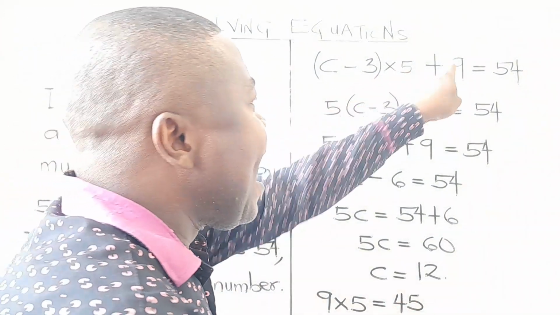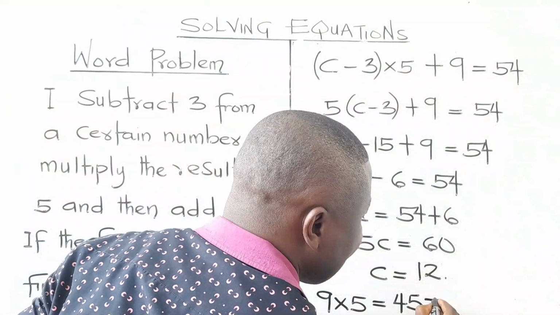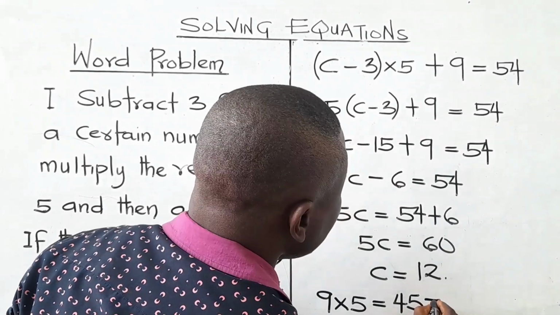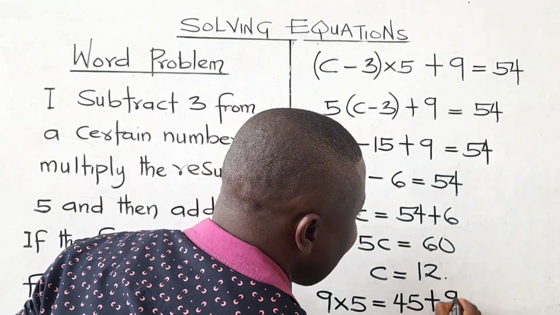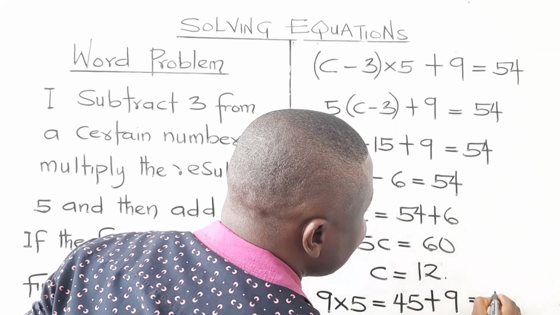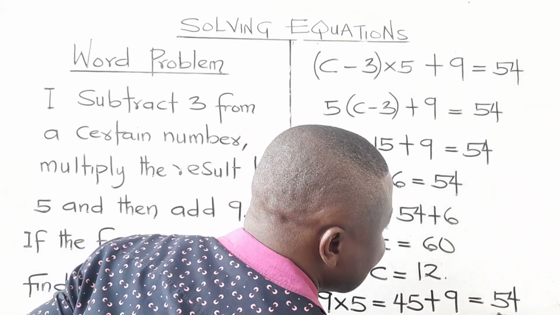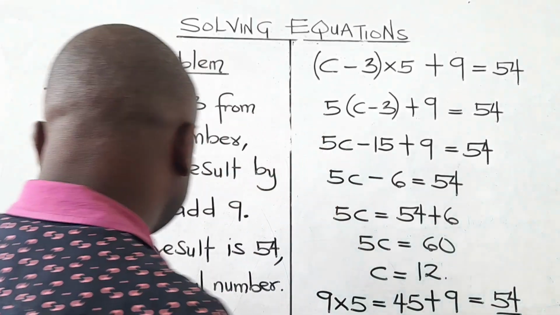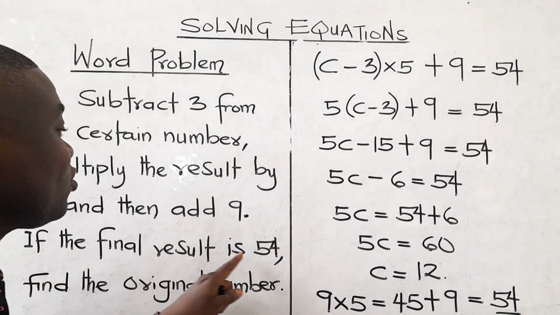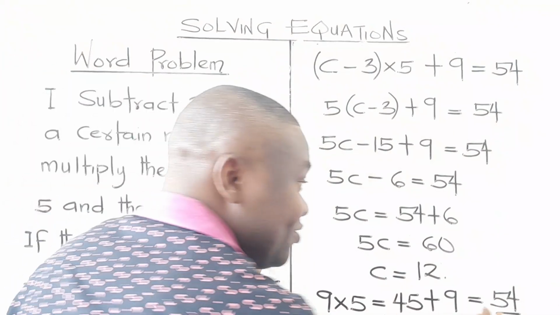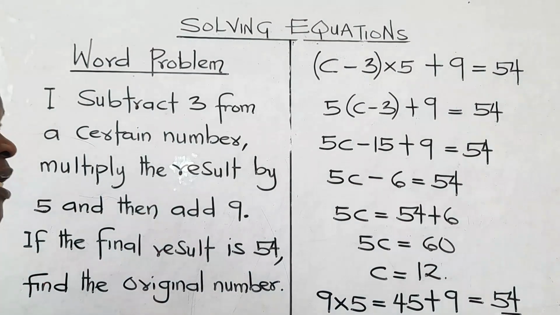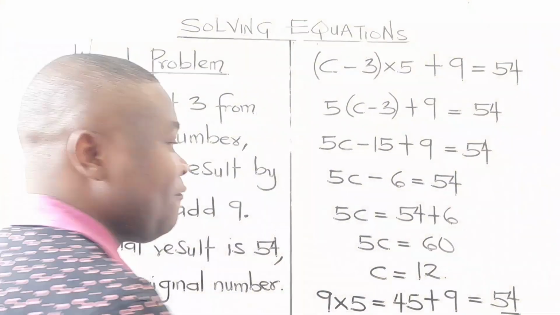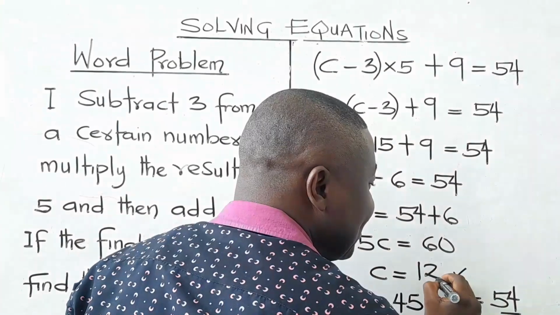What if I add 9 to the answer? If I add 9 to the answer, it gives me 54. This satisfies the condition that the final result is 54. Yes, my final result is 54. It means the number I'm looking for is 12.